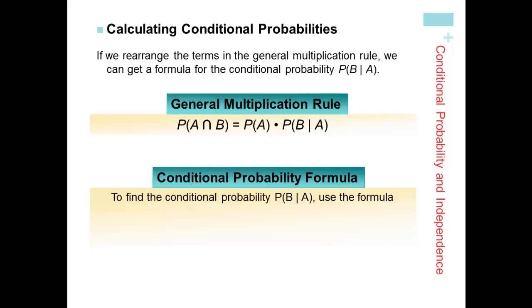I use the general multiplication rule and solve for the probability of B given A by dividing both sides of that equation by the probability of A. The probability of B given A is equal to the probability of A and B divided by the probability of A.